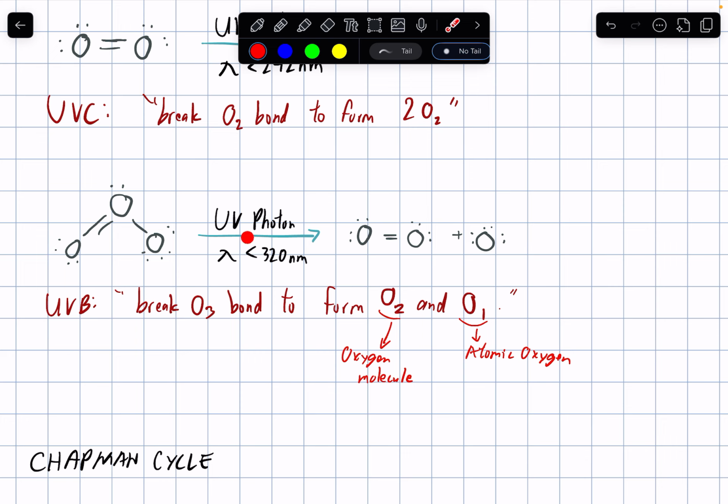When exposed to, what is this? Less than 320, this might be UVB. Because the range for UVB, I believe, is 280 to 320 nanometers. So it breaks the ozone bond to form oxygen and atomic oxygen. So this is the oxygen molecule I'm referring to. This one is the atomic oxygen.